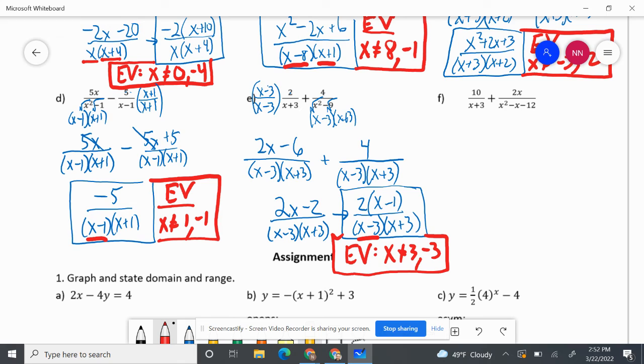Now for letter F, what we see is a trinomial. So we're looking for two numbers that multiply together give us negative 12, add up to negative 1, and that would be negative 4 and 3. So we have an x minus 4 and an x plus 3. So we have an x plus 3 and an x minus 4 as our common denominator.